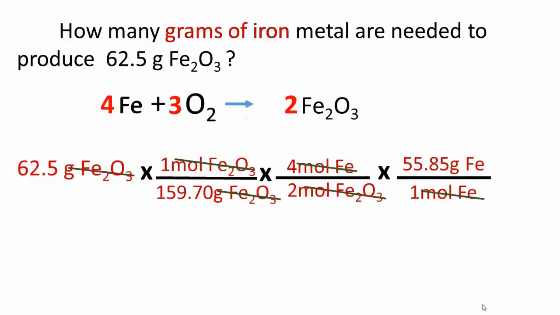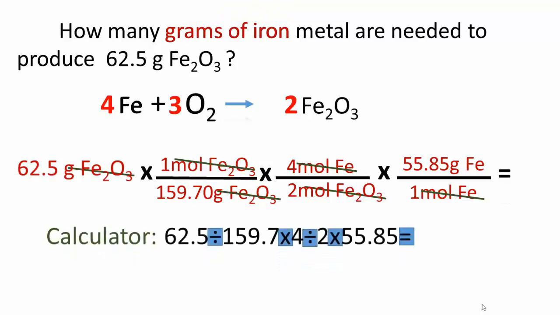And we're left with grams of iron, which is our desired unit. And we can grab our calculator and we can start crunching some numbers. Multiplying by numbers on top, dividing by numbers on bottom, gives us a mass of 43.7 grams of iron. That's rounded to 3 significant figures because our starting value has 3 significant figures also.